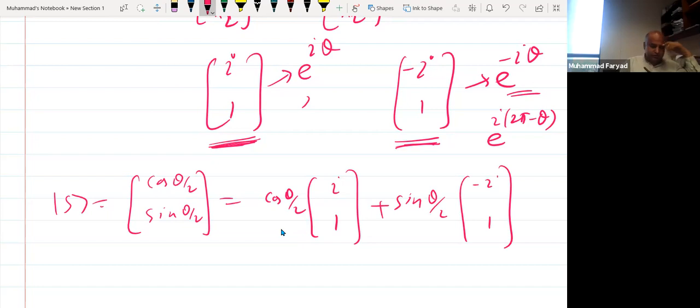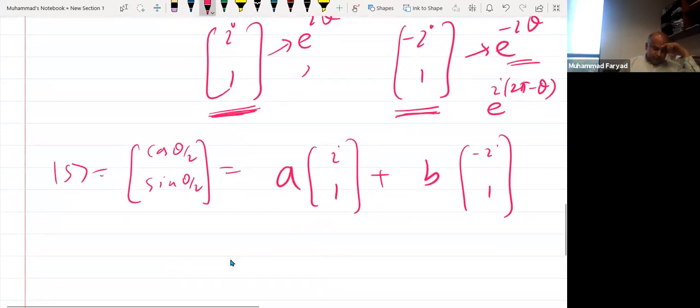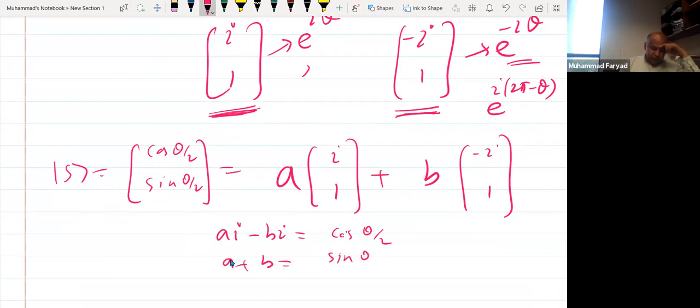Actually, let's start with unknown A and B, and let's try to find A and B. So A iota minus B iota should be cos theta by 2, and A plus B should be sine theta by 2.